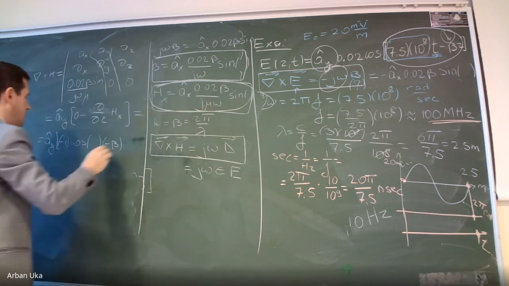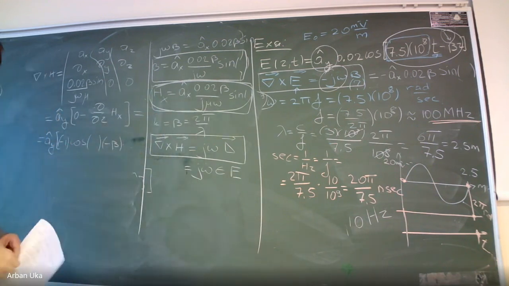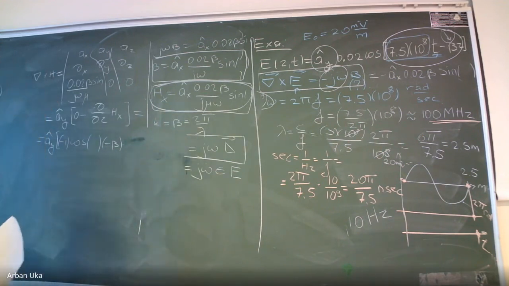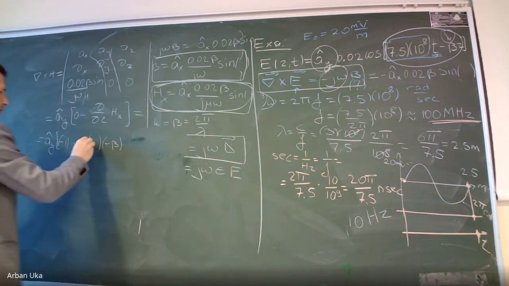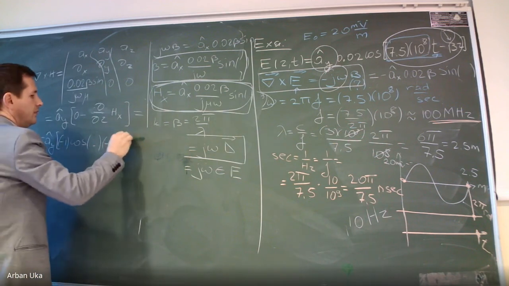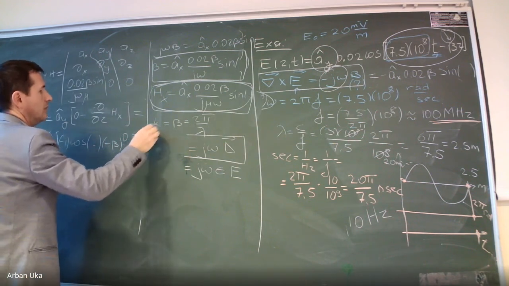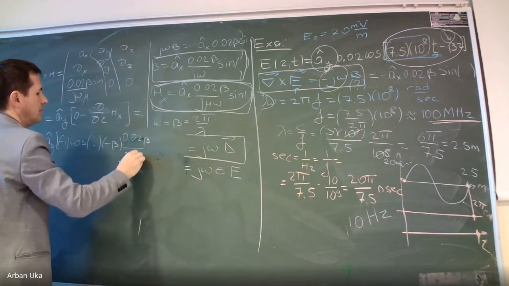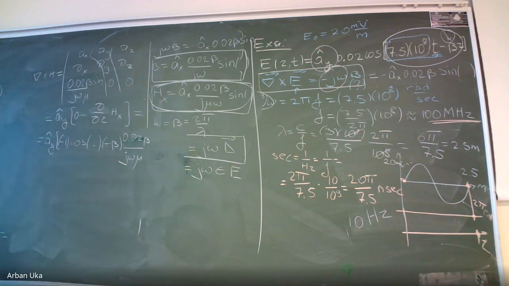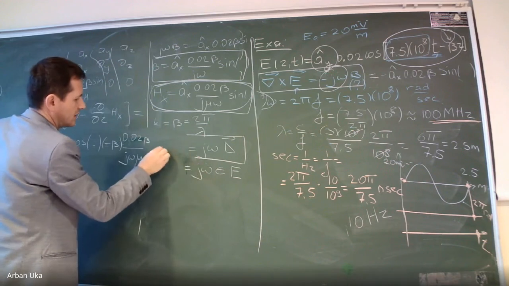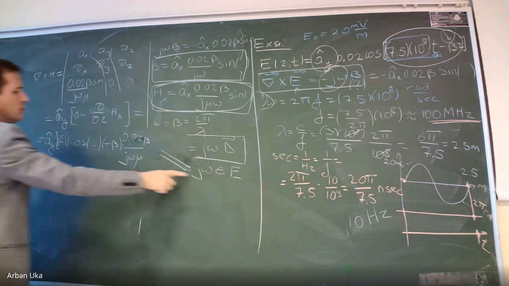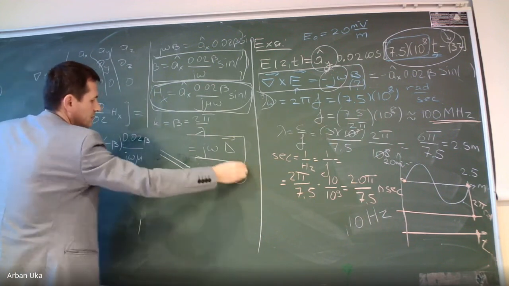So I believe this is all, okay? And in fact, these two are equal to each other. So the curl of H is equal to these whole terms in here.